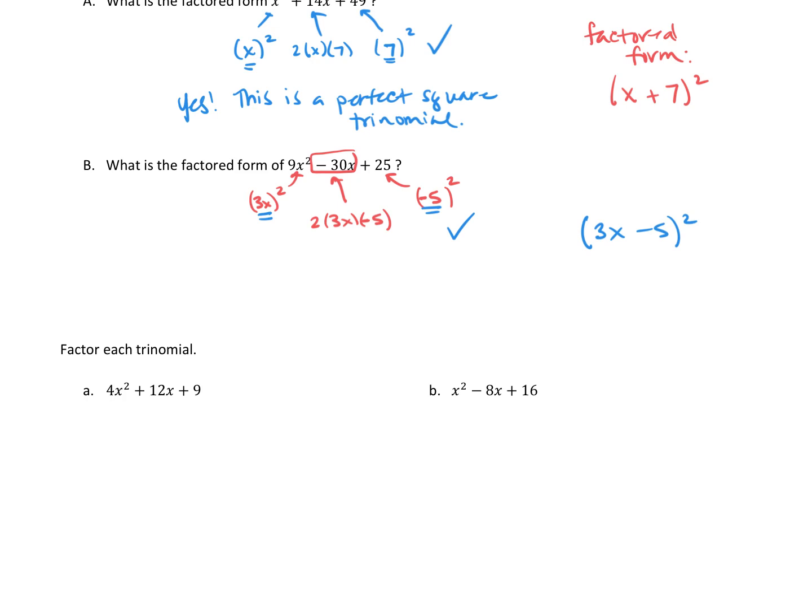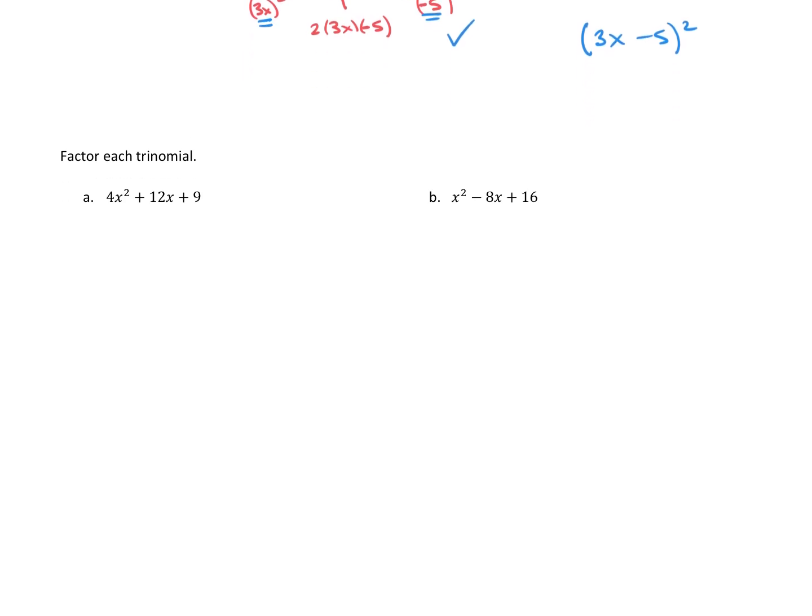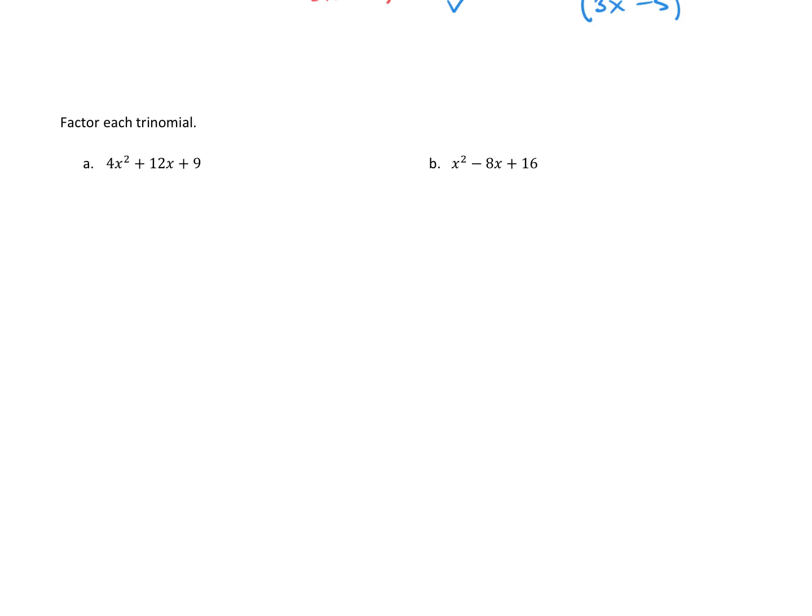All right, so let's just take a look at a couple more examples, make sure this is making sense and we can recognize when a trinomial is a perfect square trinomial. So 4x squared plus 12x plus 9. Do we square anything to get a 4x squared? We square a 2x. Do we square anything to get a 9? Yep, we can square a 3.